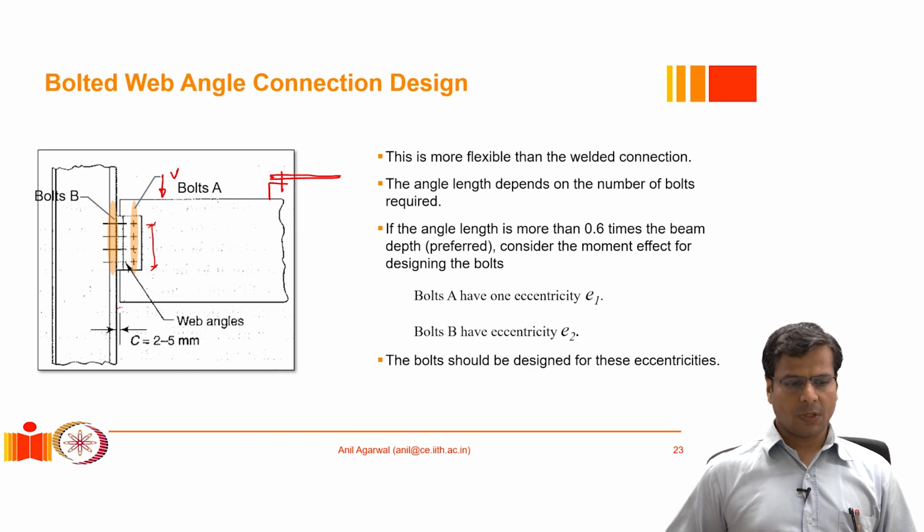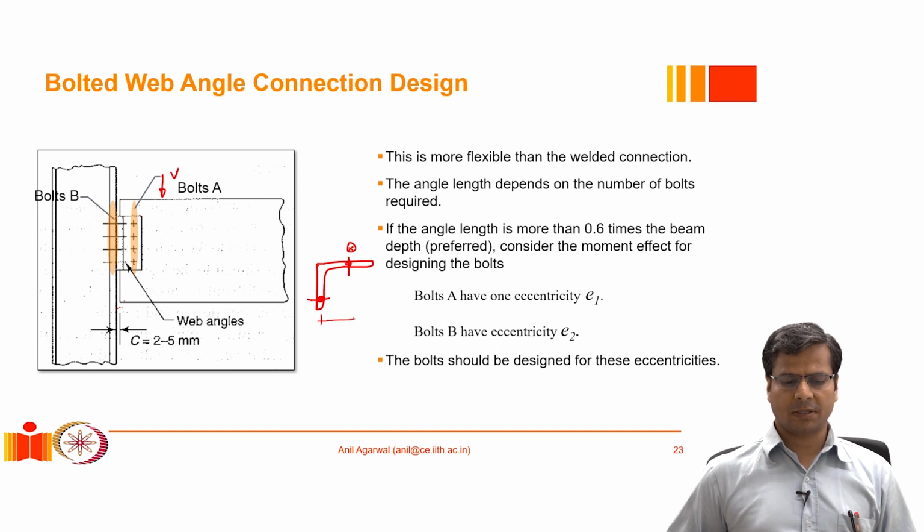Now, again in this angle, if we look from the top, there is a row of bolts here, and there is a row of bolts here, and this row of bolts is being pushed downward. It's being pushed downward at this location, and we are resisting it at this location.